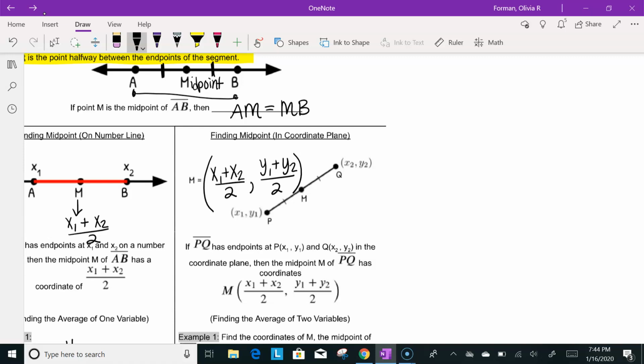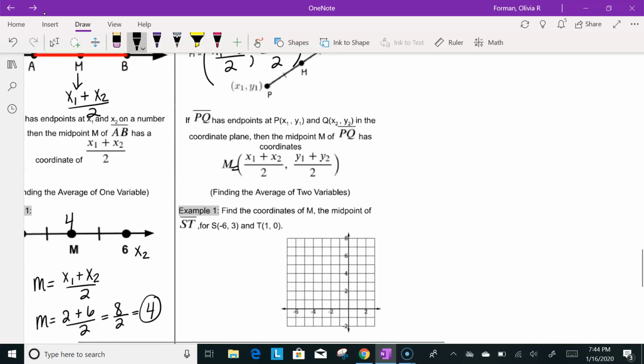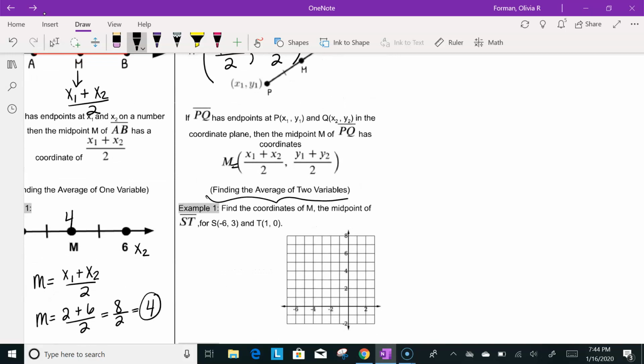It says if PQ has endpoints at (x1, y1) and (x2, y2) in the coordinate plane, the midpoint M can be found using that formula: x1 plus x2 divided by 2, y1 plus y2 divided by 2. You're finding the average of two variables. Average just means add them up and divide by the number of elements. So add up two numbers, divide by 2.